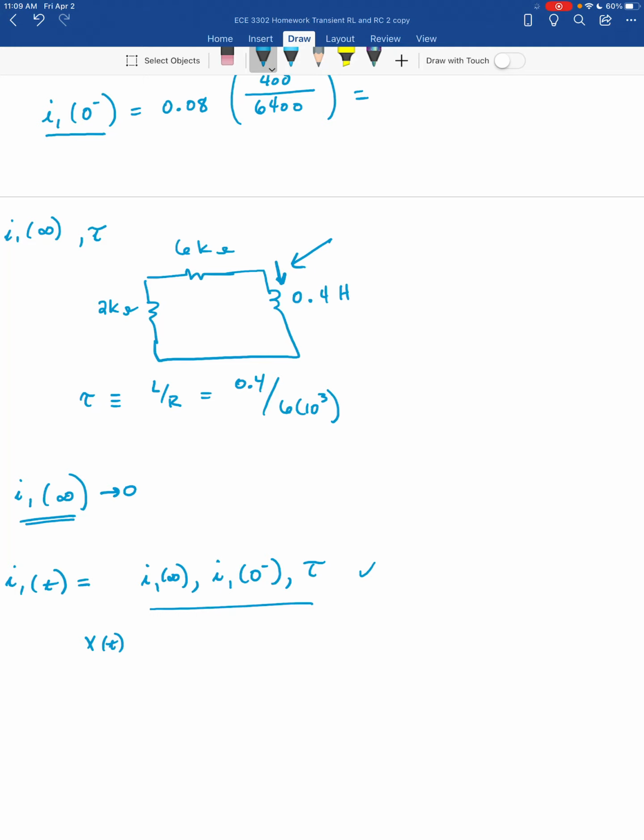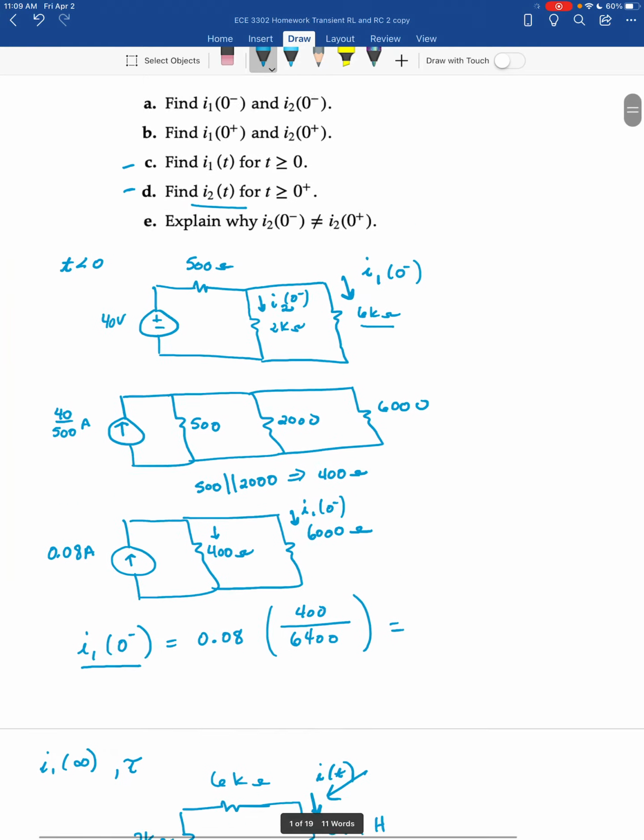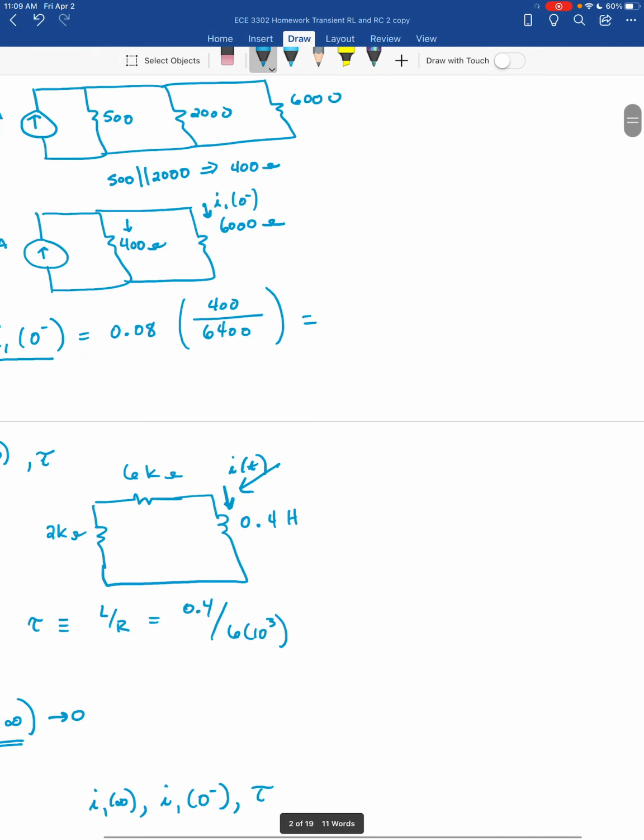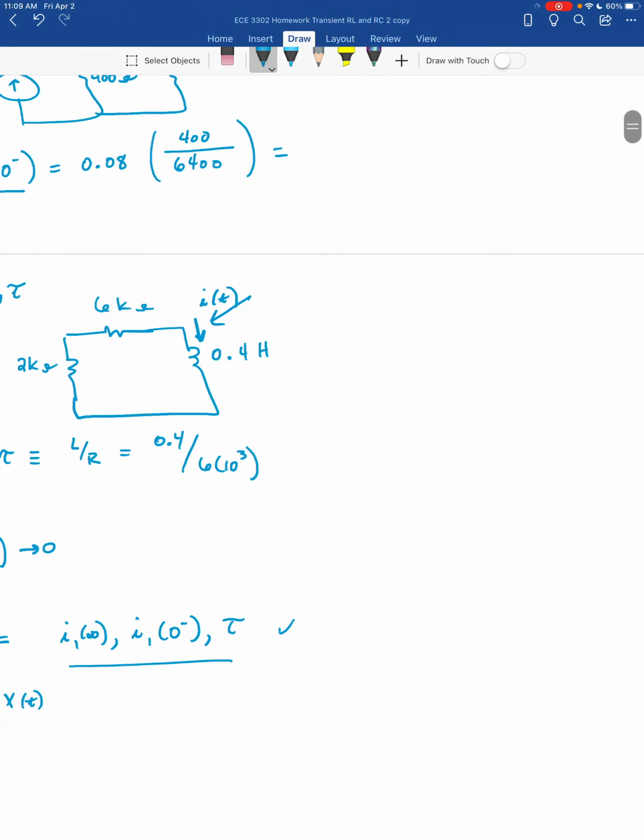So let's come down to our circuit for t greater than 0. This is I1 of t, and I2 of t is shown here. Of course, all of these things are in series, so the current through everything has got to be the same.